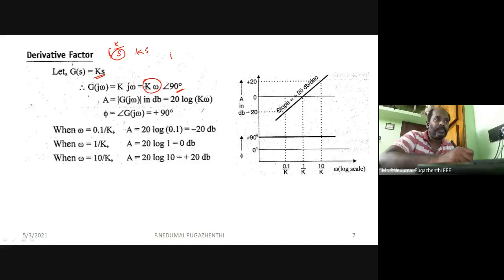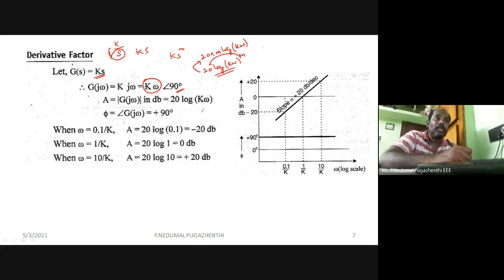Again, if it is k s power m, then it is going to be 20 into m into log of k omega. Why? Because if you substitute 20 log of k omega the whole cube, this 3 comes, maybe 3 m, it becomes 20 into m into log of k omega.